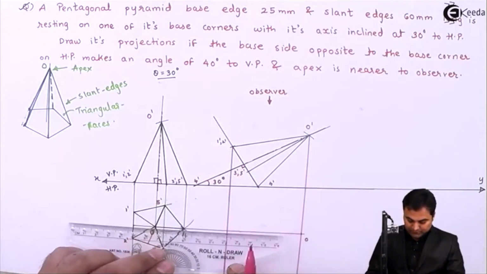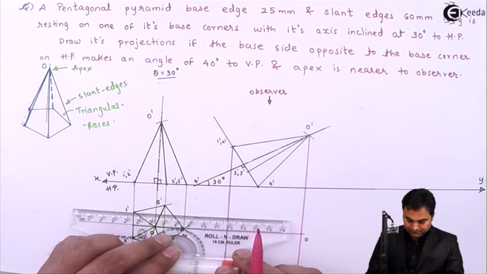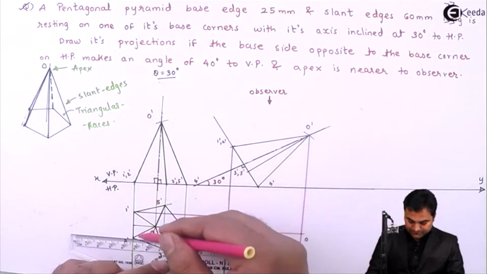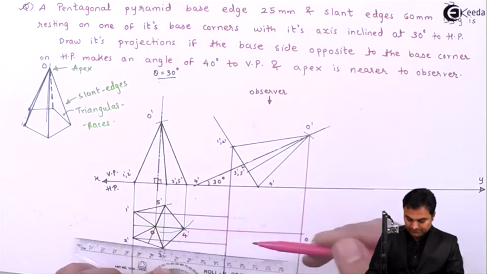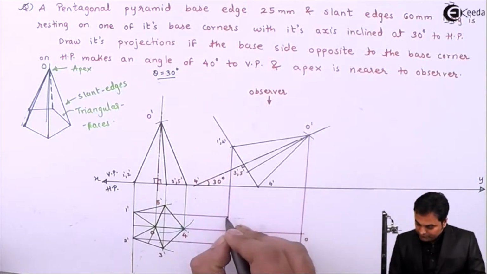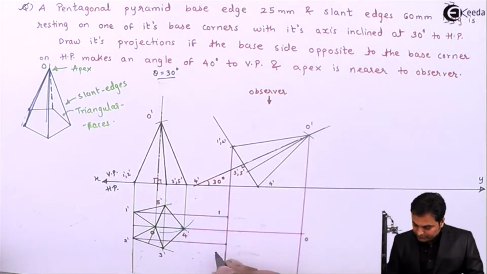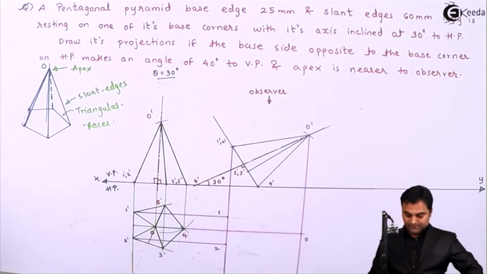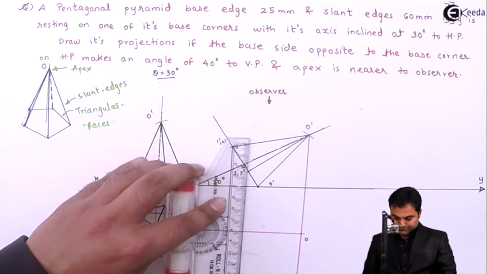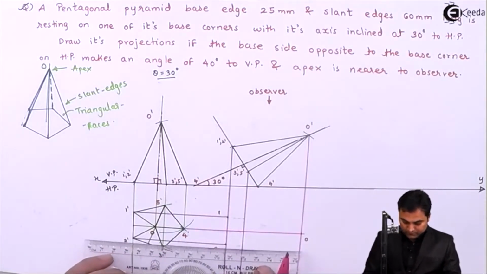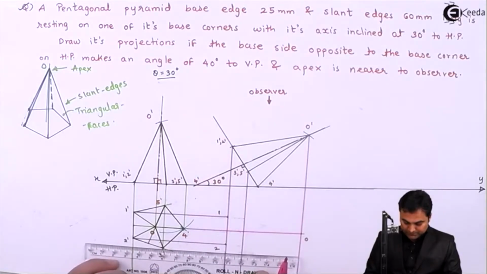Next, point 1 will be projected, and even point 2, they are on the same level. So point 1 and point 2. Next, 3 and 5 are on the same line. So 3 and 5, point 3 will be projected here onto this line.